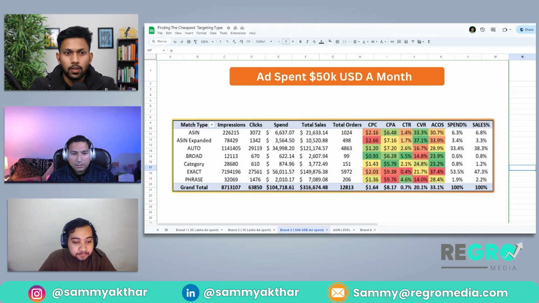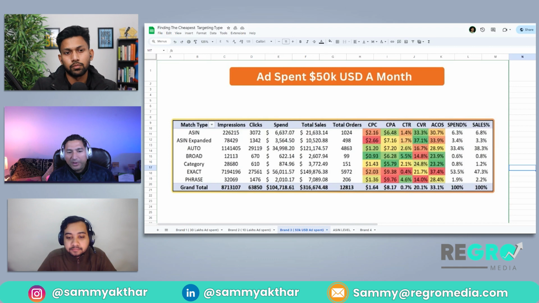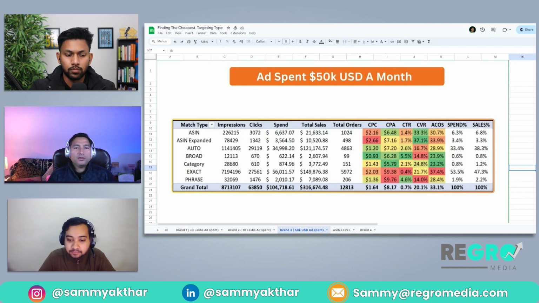Yeah, got it. The one thing that I find particular here is exact is more about taking control, and auto or broad is more about losing control. So if I look at the spend that they have done, it's like an oxymoron. In exact they have spent the most, and the second highest spend that they have is in auto. So one way they are taking the control in their hand, and the other way they are giving control to Amazon.